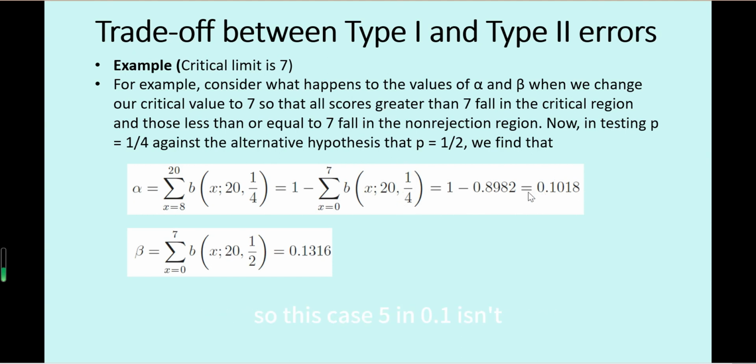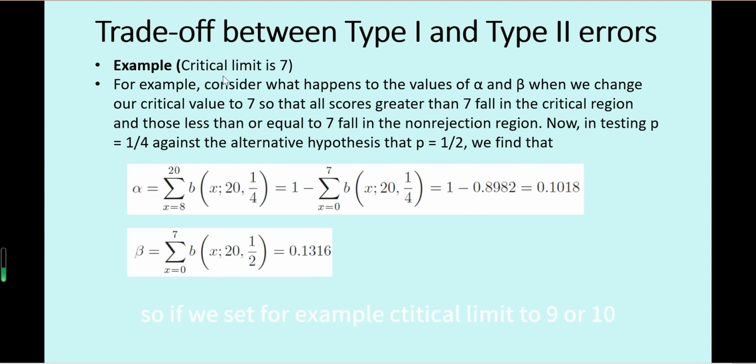In this case, alpha is 0.1, which is larger than 0.04 when the critical limit is 8, right? But beta is 0.13, which is smaller than 0.25 when the critical region is 8. So here alpha increased but beta decreased.